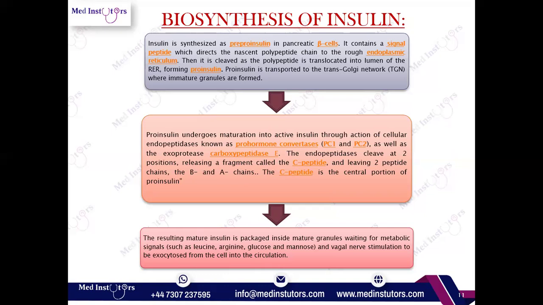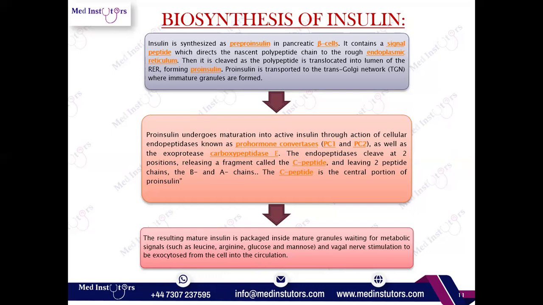The proinsulin is then transported to the Golgi apparatus, the trans-Golgi network, where the immature granules are formed.